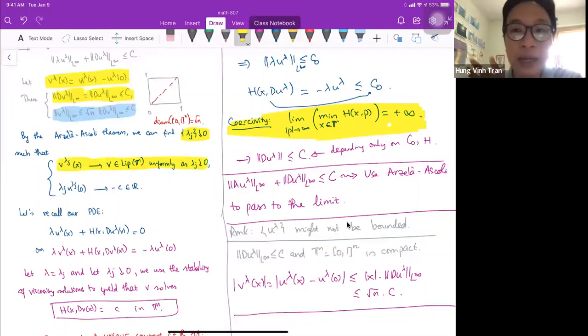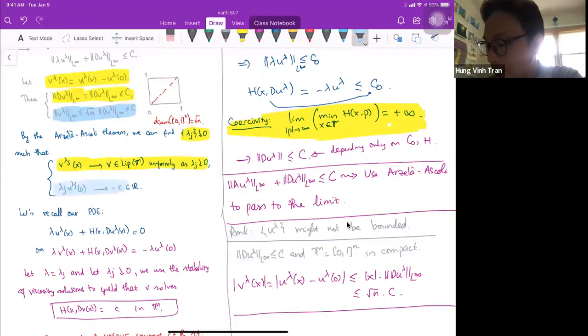Moreover, by passing to another subsequence if needed, remember that lambda j u lambda j is bounded. So you can also see that lambda j u lambda j converges to a constant denoted by minus c, which is in R.